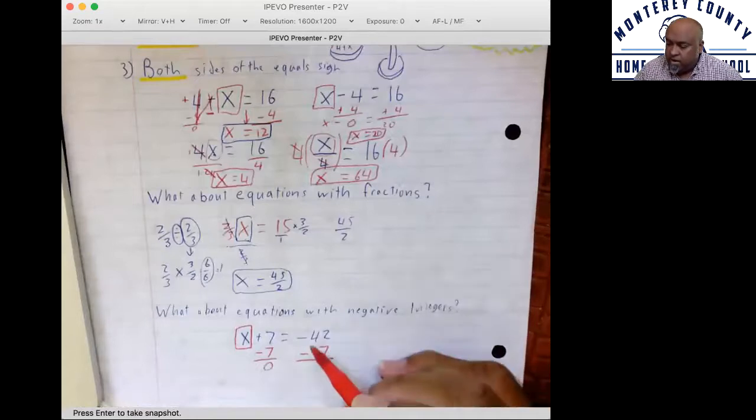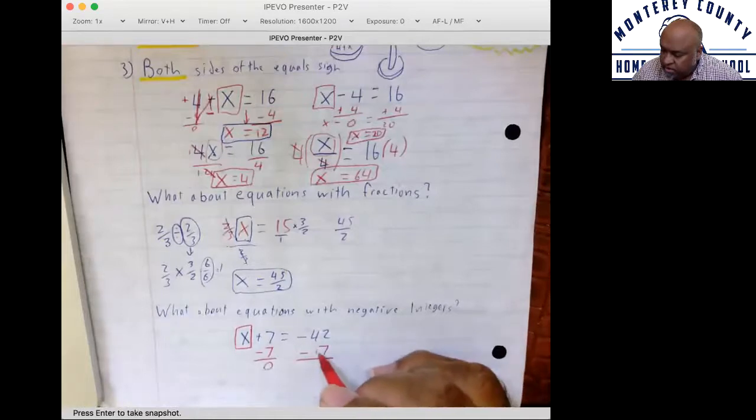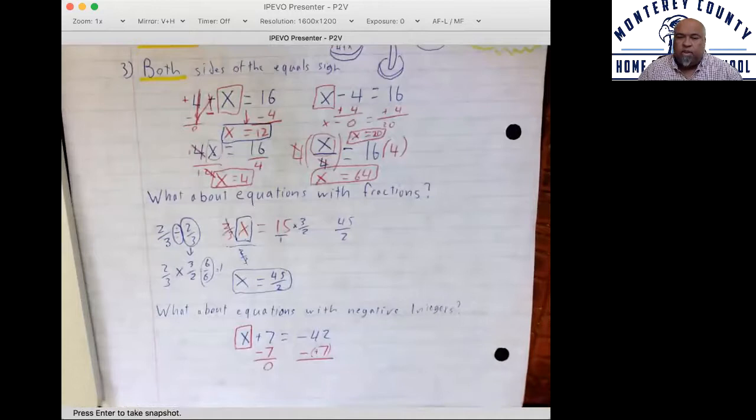Now, let's take a look. I have negative 42 minus positive 7. Now, that's where it can get a little confusing, because it's not written here as positive 7. It's written here as plus 7. And plus and positive look the same. Okay? So to avoid confusion, just remember, I'm not subtracting a negative 7, because then it would say minus negative 7.